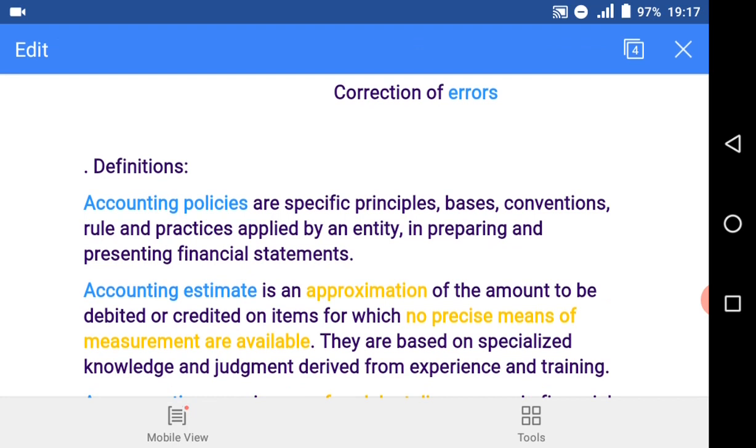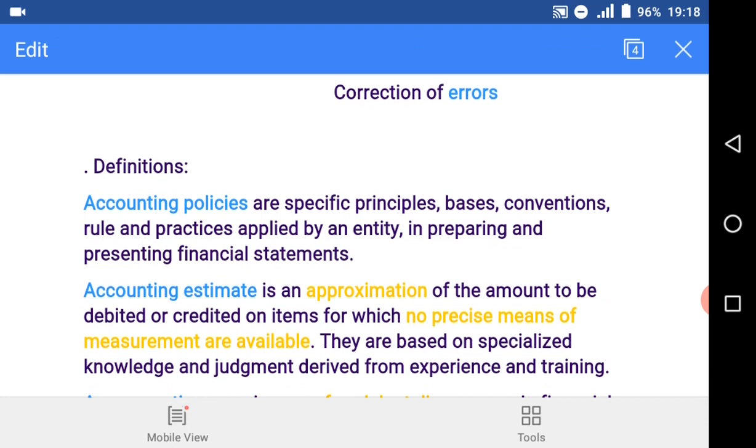The second one, which is accounting estimates, says accounting estimates is an approximation. Now that's the main difference. Approximation for accounting estimates, and we are not done yet, of amount to be debited or credited, as amount to be posted on items for which no precise means of measurement are available.